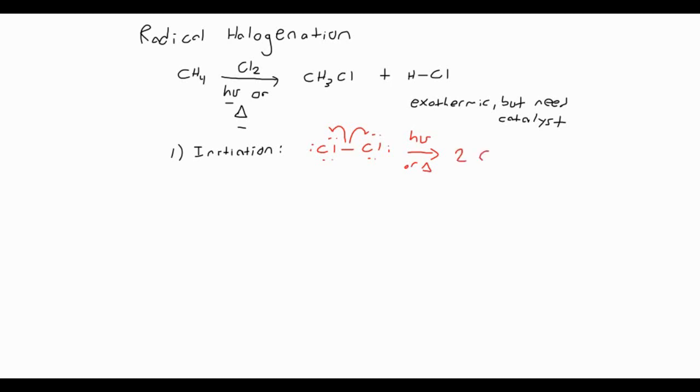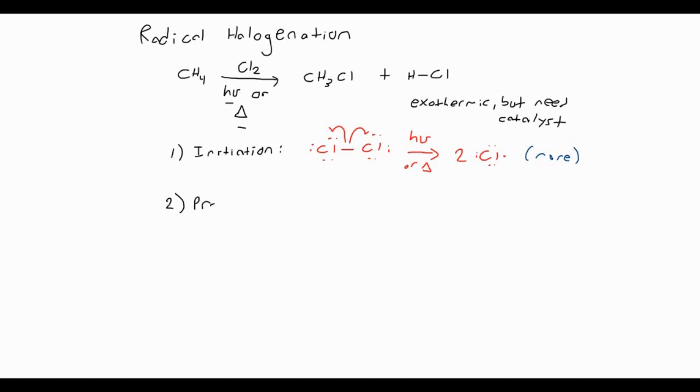We're going to end up with 2 chlorine radicals. And this step is rare. So only a small percentage of the chlorine molecules are going to actually be broken into chlorine radicals by either light or heat. But we only need a small amount of them to go through with the rest of the reaction.